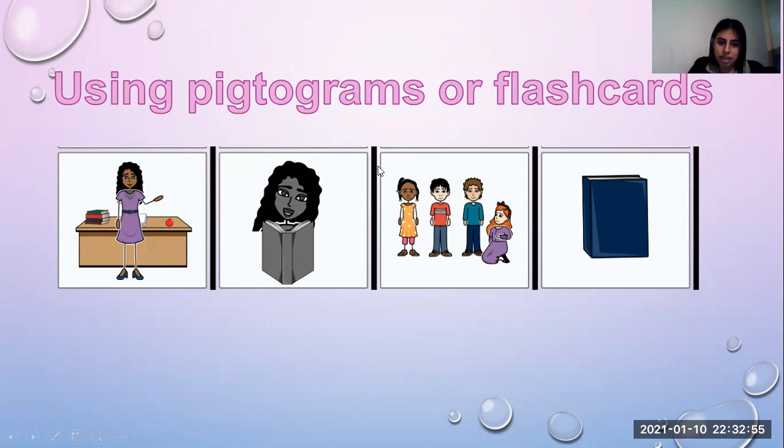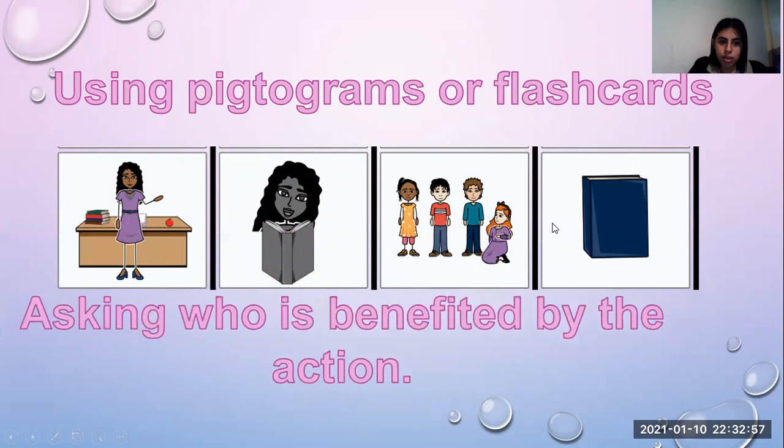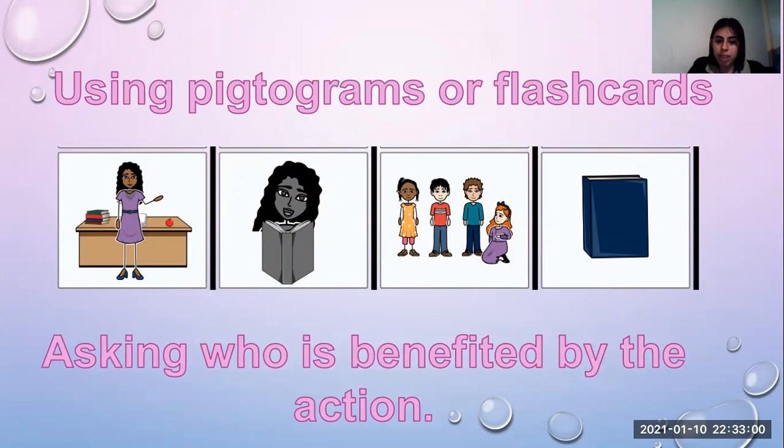So we can ask who is benefited by the teacher reading a book? Us. So us is the indirect object. Using pictograms or flashcards is a really good idea because it's easy to remember and the students like it when they see pictures in their class.